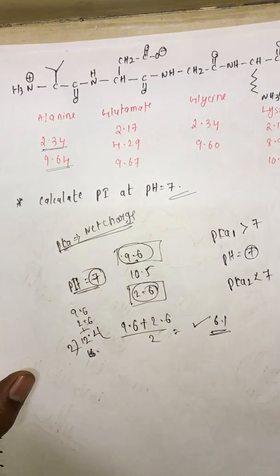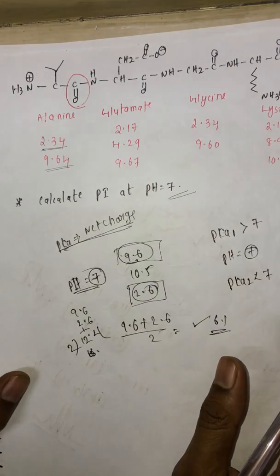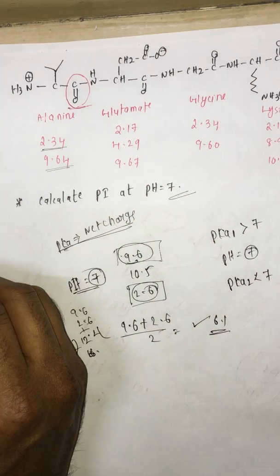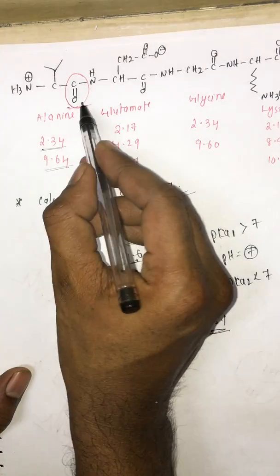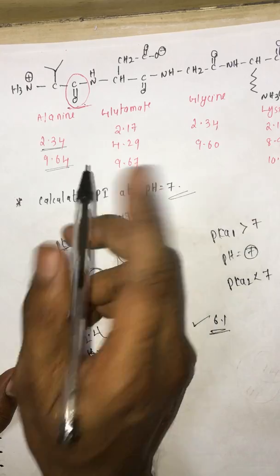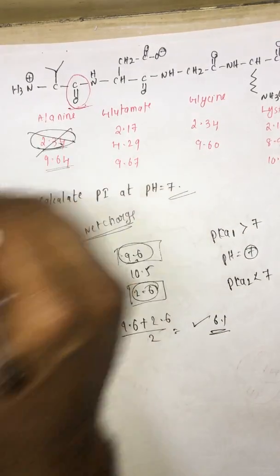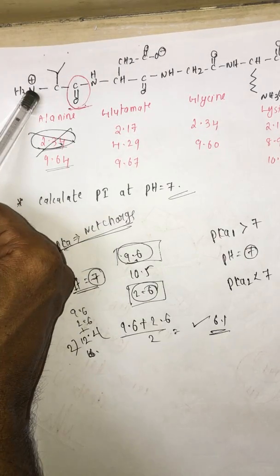Here this carboxylic acid is present in the neutral form, not in the charged form. Because of that we cannot use this carboxylic acid pKa value to calculate the isoelectric point, so we can cross this out. This one we cannot cross out because NH3 plus is present in the charged form.